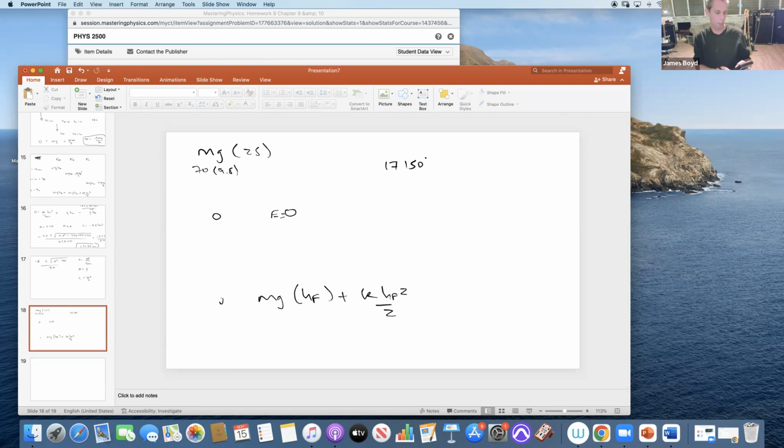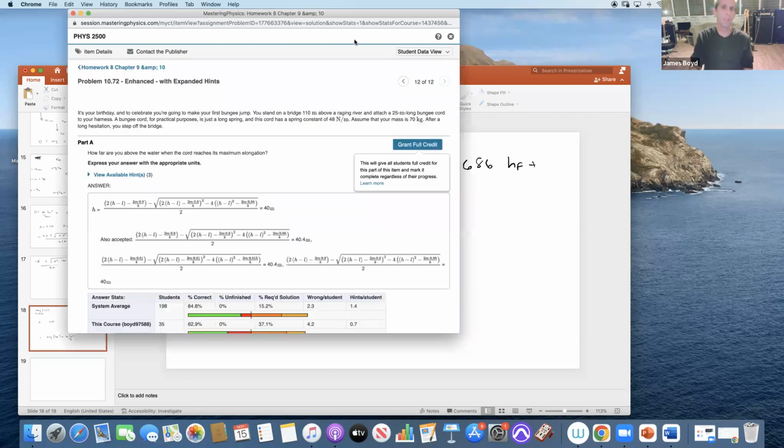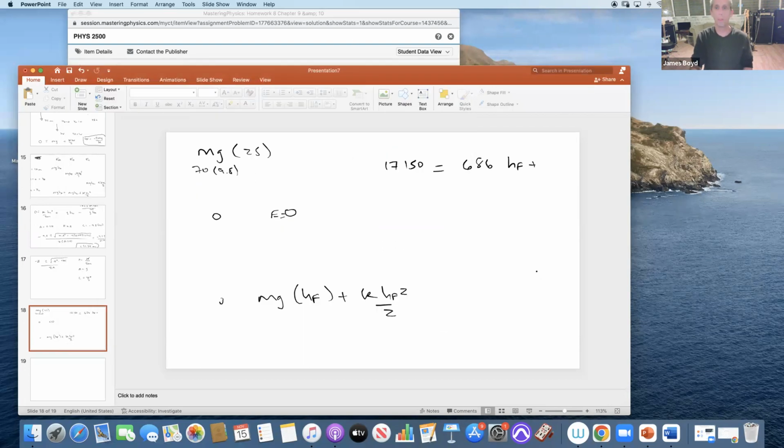Yeah, 70 times 9.8 times 25 is 17,150, and that is equal to 686 H final plus k was like 48, 48 over 2, 24. So my A is 24, my B is 686, and my C is minus 17,150.